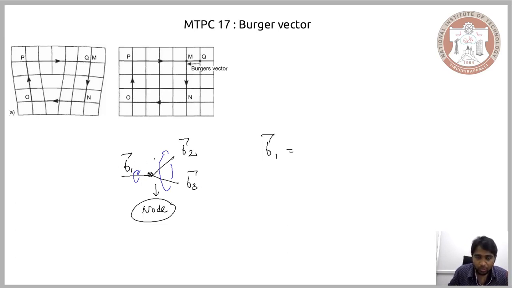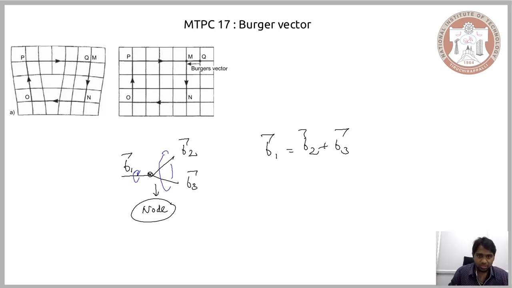Since we are talking about a region away from the distortion of the dislocation, it can be expressed as B2 plus B3.